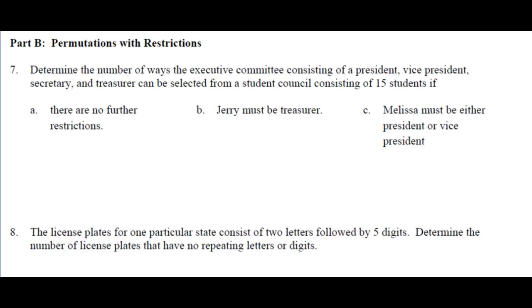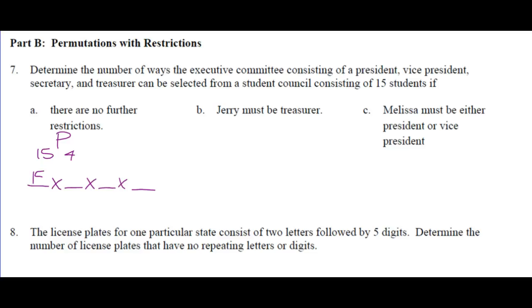Okay, I have 15 objects, right? I want 4 of them where order matters. How do we express that? In permutations. It's going to be 15P4, all the arrangements of 4 objects from a set of 15 where the order matters. If I was using the fundamental counting principle, I would say I need 4 people.